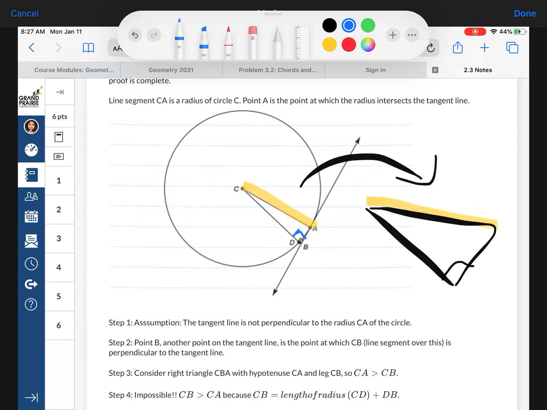And the legs are CB, and remember, the hypotenuse is the longest side of a triangle, and CB would just be one of the legs, which is the shorter sides of the triangle. So that means that the hypotenuse has to be longer. So that's why it says CA is greater than CB. Okay, so that makes sense because we know that in a triangle, the hypotenuse has to be the longest side.